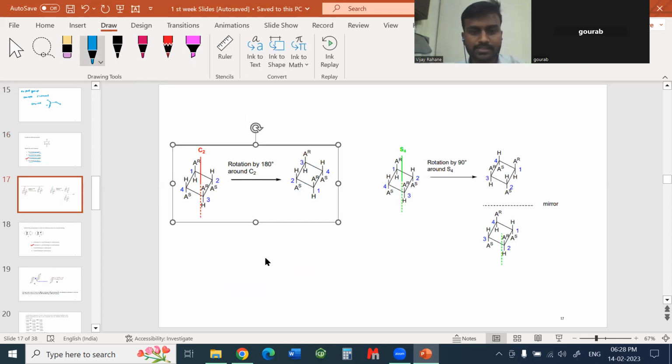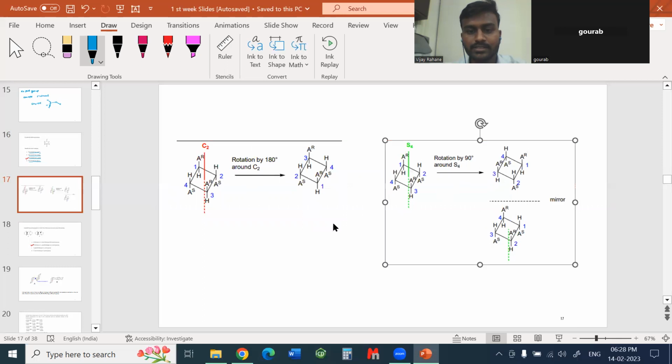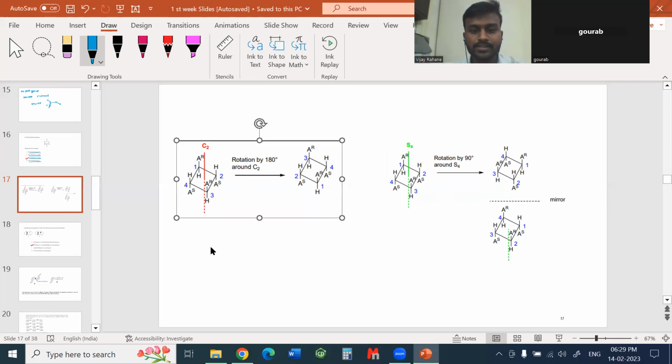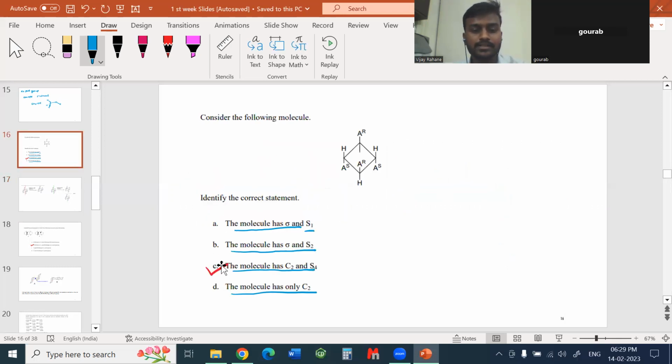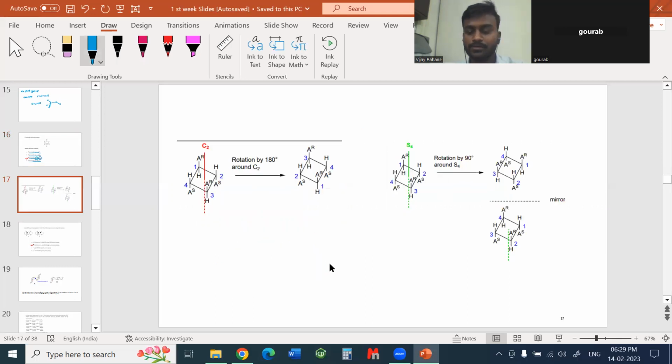But some of the students commented that they are not able to understand how this one will be the correct answer, how they are not able to visualize the C2 in this molecule and the S4 also. So we'll discuss it one by one again.